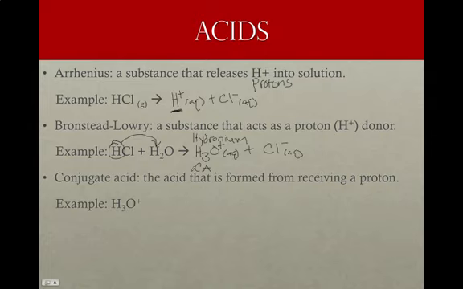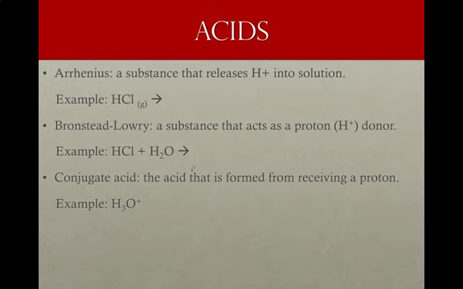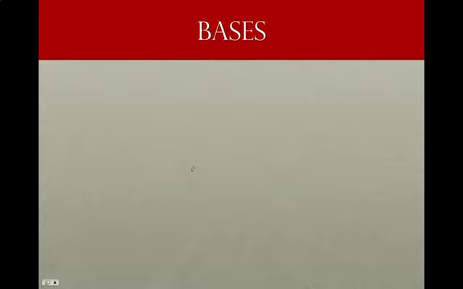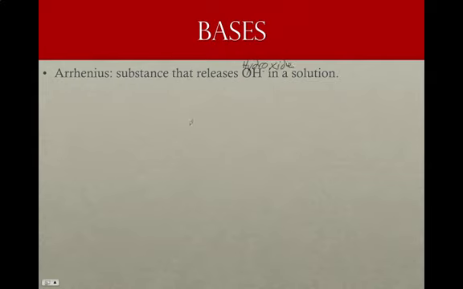Now moving on to bases, we're going to talk about the same types of things. So the first definition is an Arrhenius base, and an Arrhenius base is a substance that releases hydroxide ions into solution. So this is the hydroxide ion, and we should know this from the common ions that we memorized, but that's a good reminder for us.